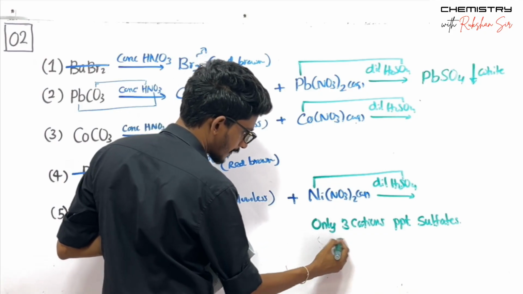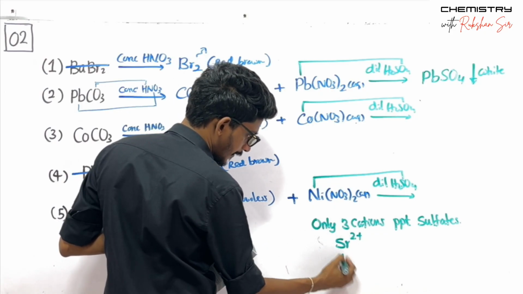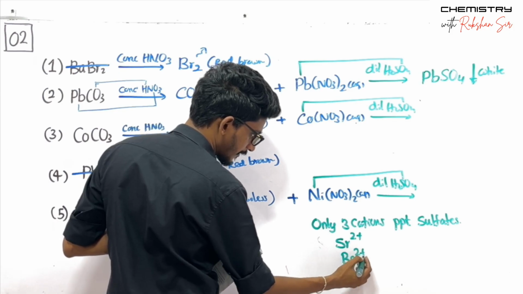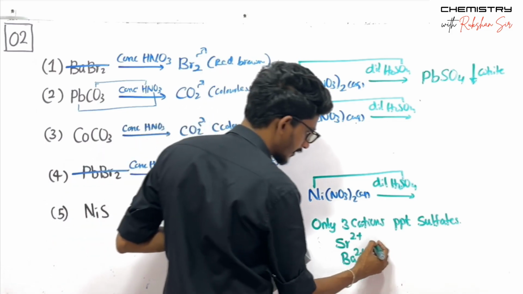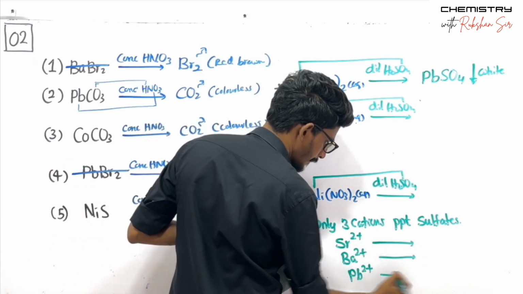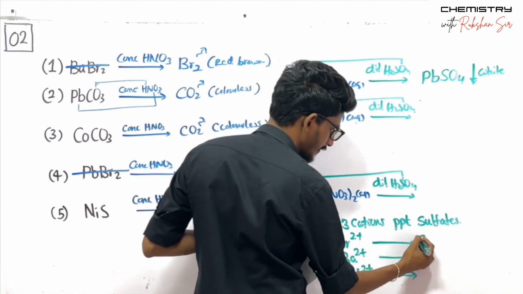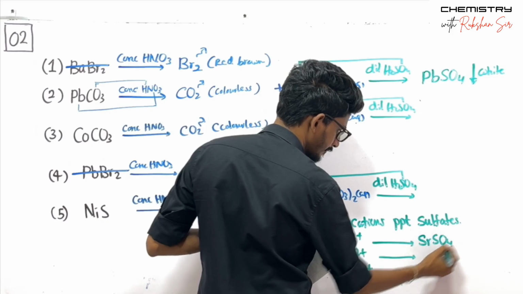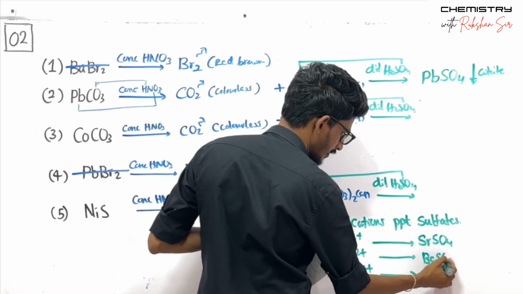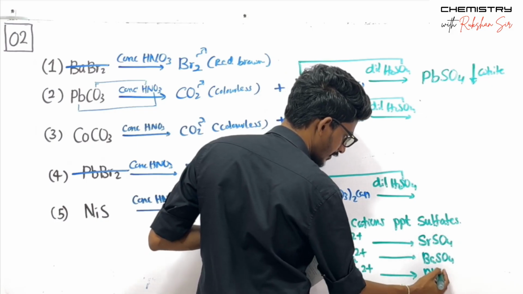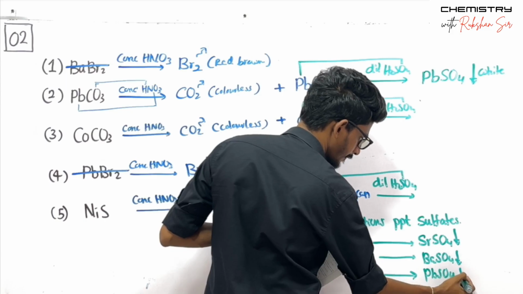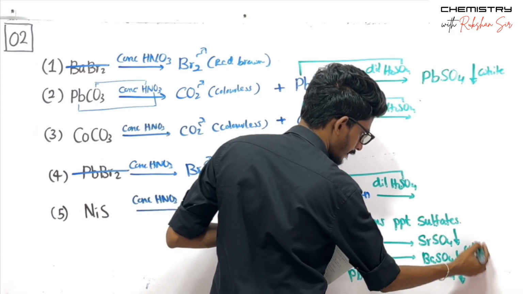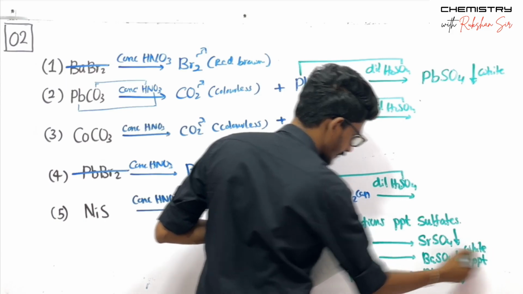Strontium 2 plus, barium 2 plus from this block, and lead 2 plus. Only these 3 are capable of precipitating sulfates: strontium sulfate, barium sulfate, and lead sulfate. White PPT is all of them.